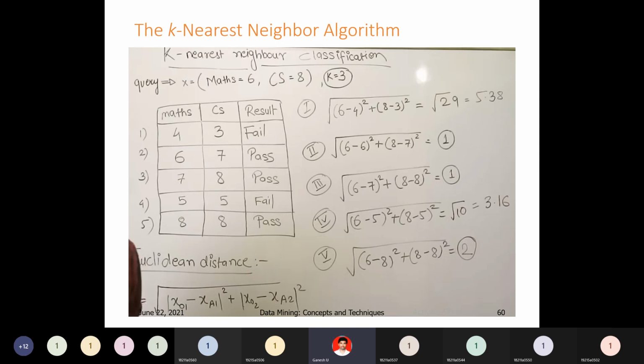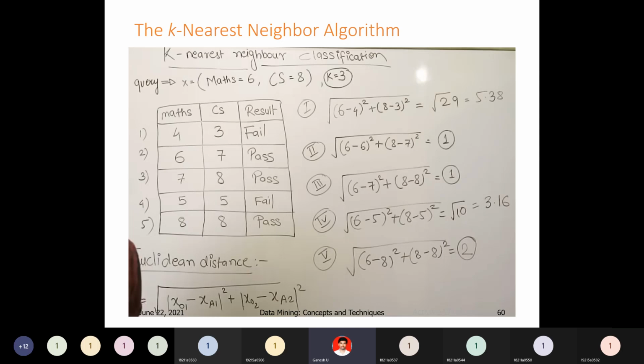These are having distances 1, 1, 2. These 2, 3, 5 persons are nearer to this student. These 2, 3, 5 and this particular student, 4 persons are related to one class. 4 persons are grouped into one class based on the marks, based on the caliber. These 4 students are grouped into some class. Okay. So that is the K-Nearest-Neighbor process.